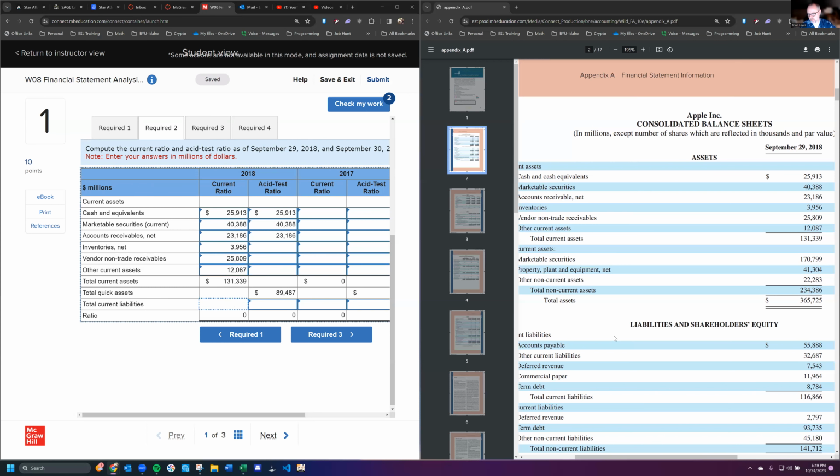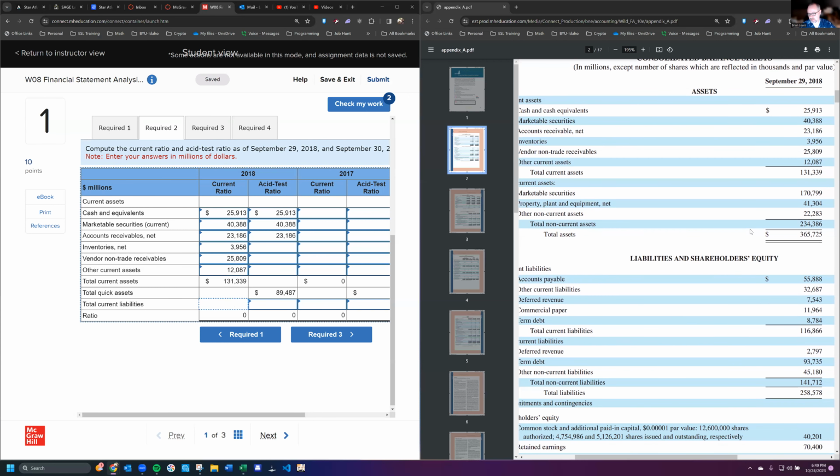Now we need current liabilities. Total current liabilities is 116866. So that gives us a ratio of 1.12 and current, do that one too, and 0.54. Did I do this right?